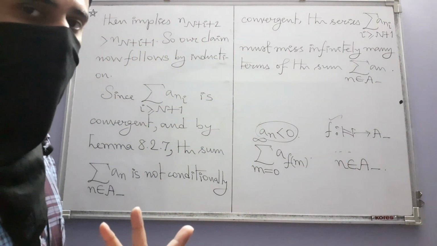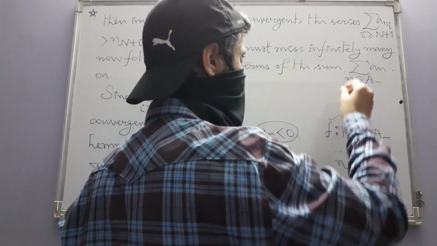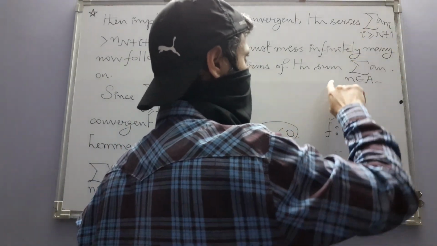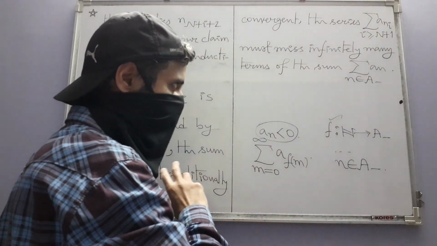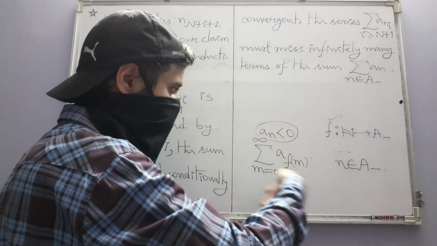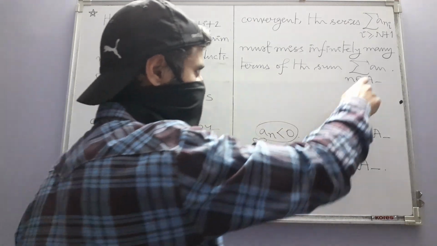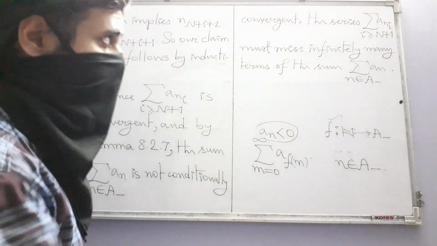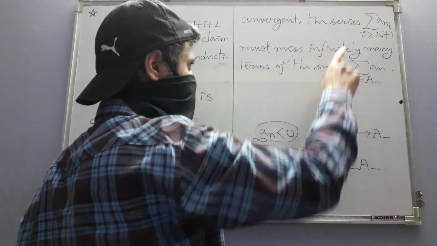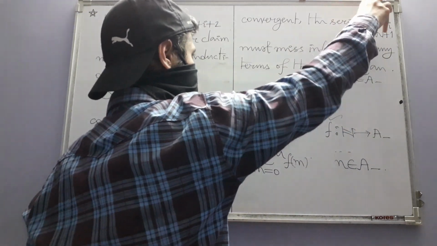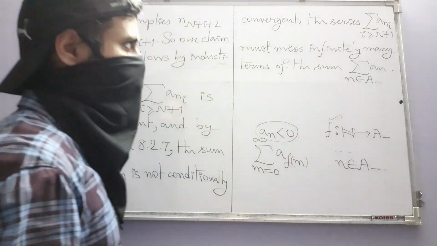Otherwise, you can just supply those finitely many a_n that this one is missing to this one and get such an arrangement of this sum so that that series is also convergent. You see, this is already convergent. If you supply those missing a_n, then this will turn into one such series.